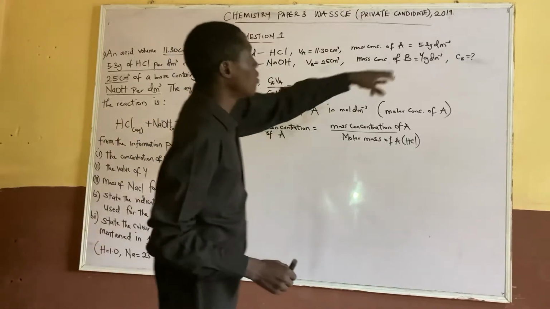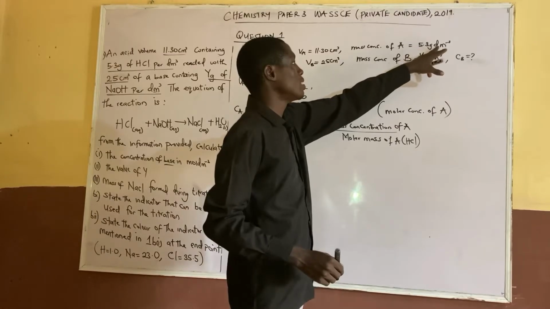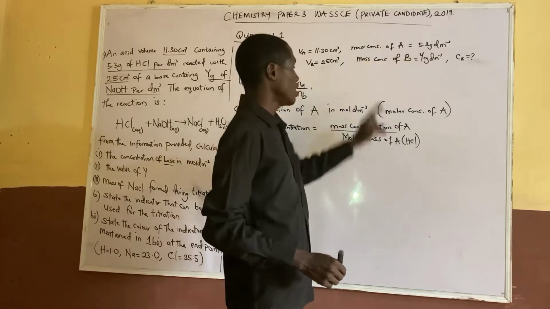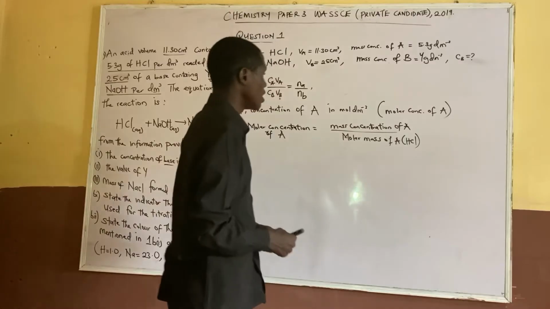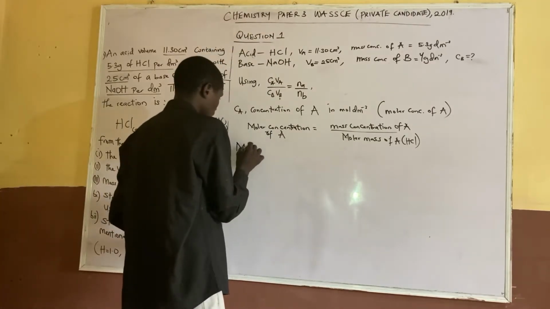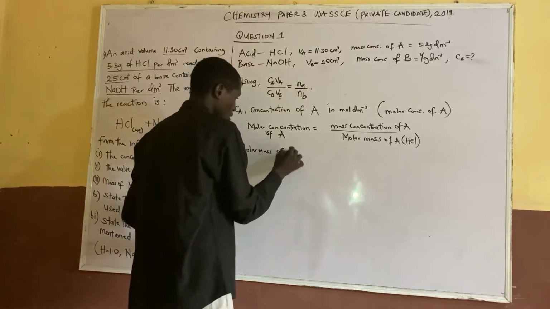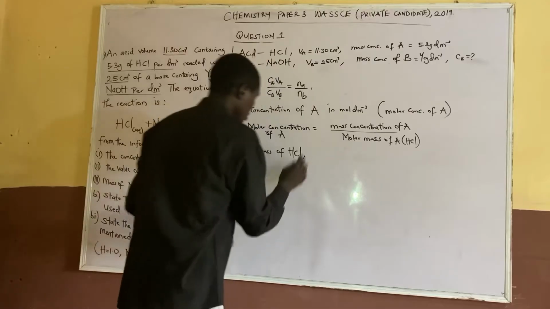Now I've gotten the 5.3 gram per dm cube, which is the mass concentration of A. But what about the molar mass of A? We can easily get the molar mass of A from the question given to us. Molar mass of A, which is HCl, is given as well. Look at this.